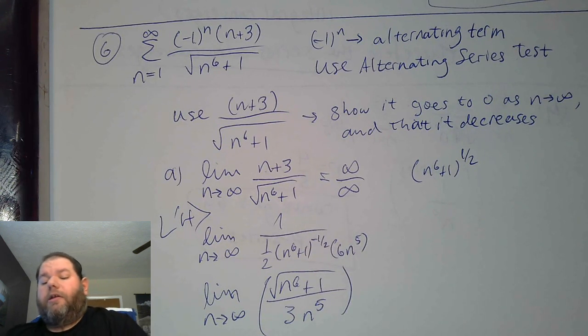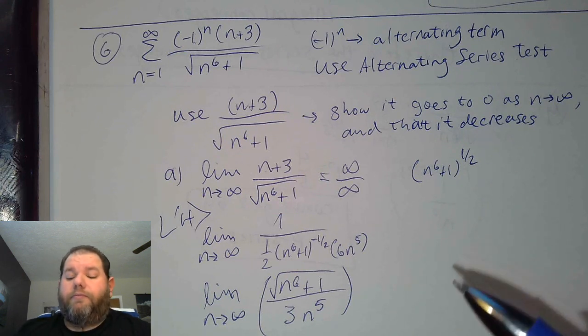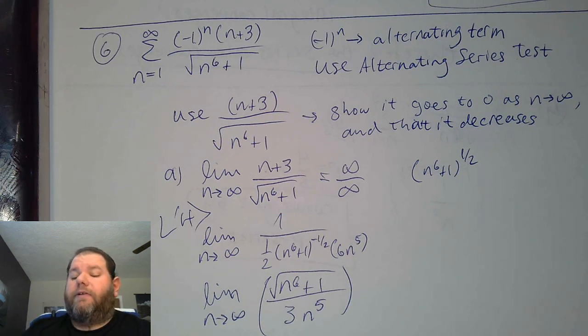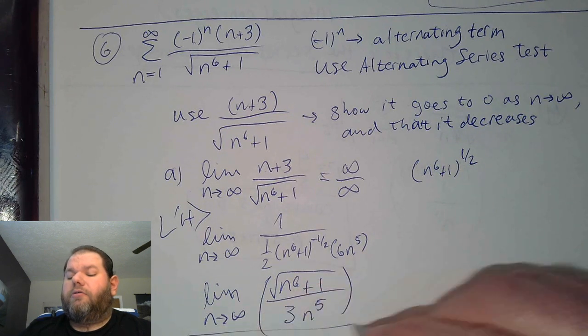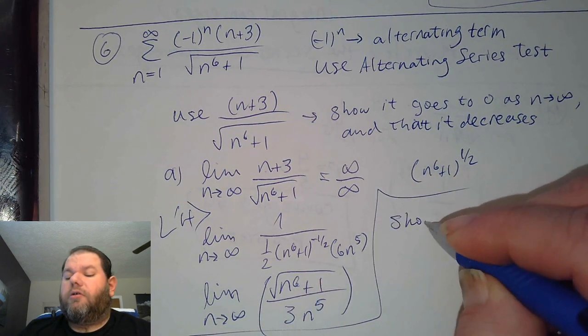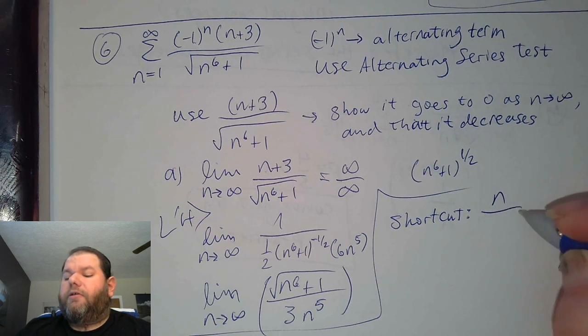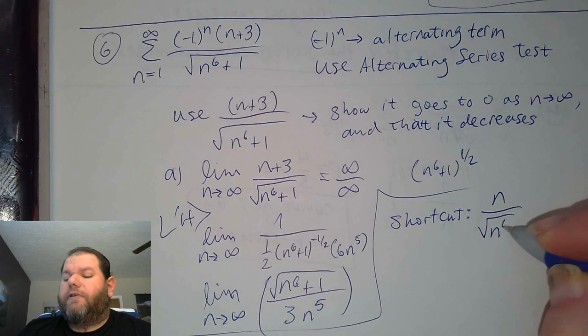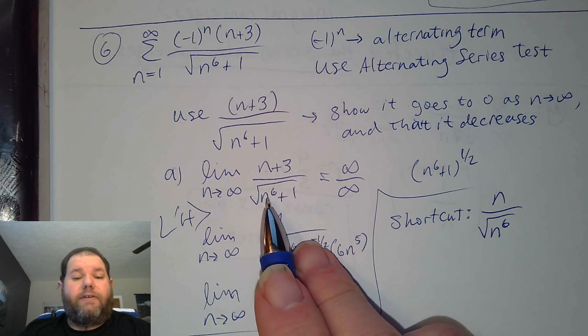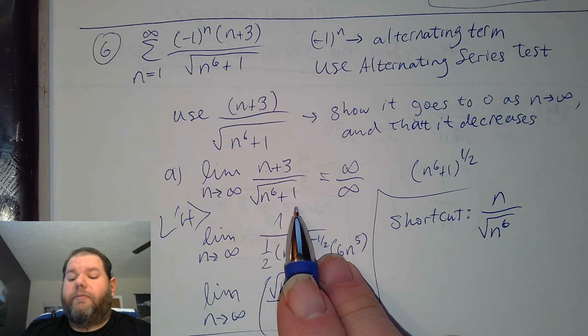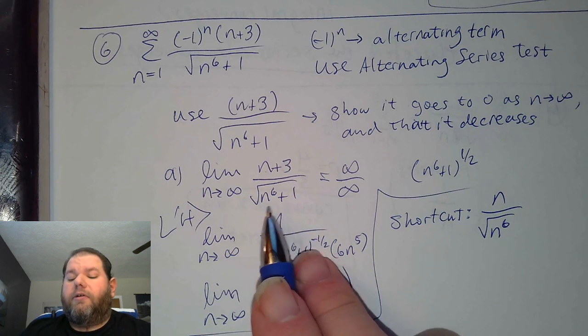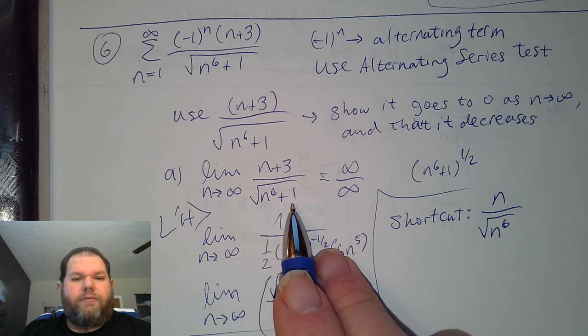Okay. Here's the shortcut, though. We have n over the square root of n to the 6th. We know it's n to the 6 plus 1, but the extra plus 1 doesn't really affect it too much.